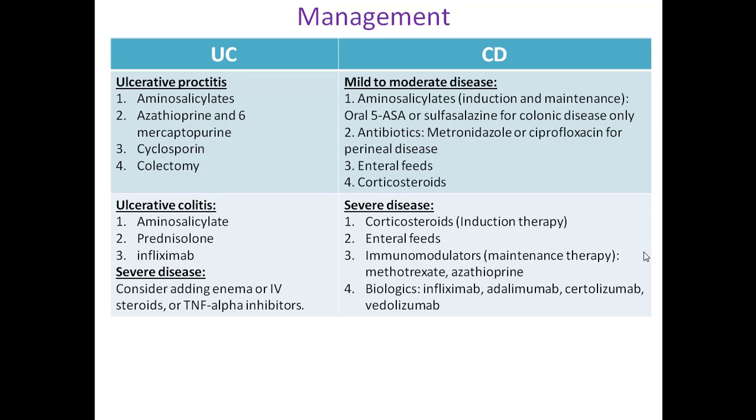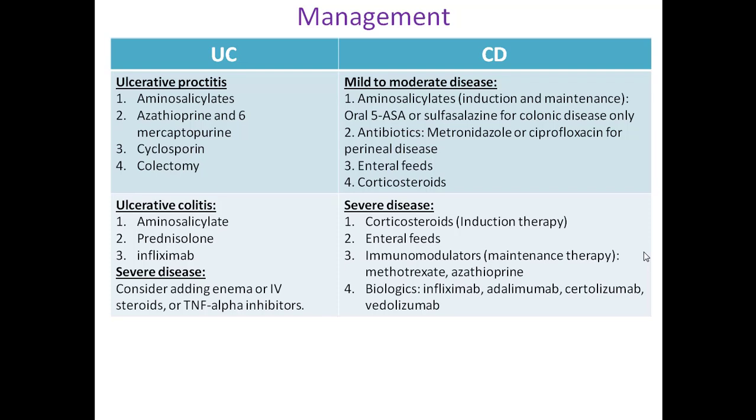It has a rapid onset of action and is effective in the management of severe UC. Infliximab is a chimeric anti-TNF monoclonal antibody with potent anti-inflammatory effects. Numerous controlled trials have demonstrated efficacy of this drug in both active and fistulizing Crohn's disease too.